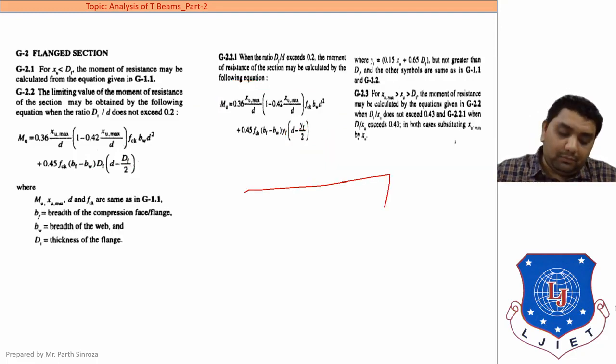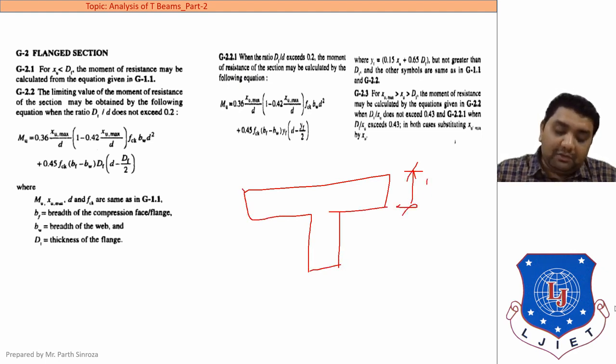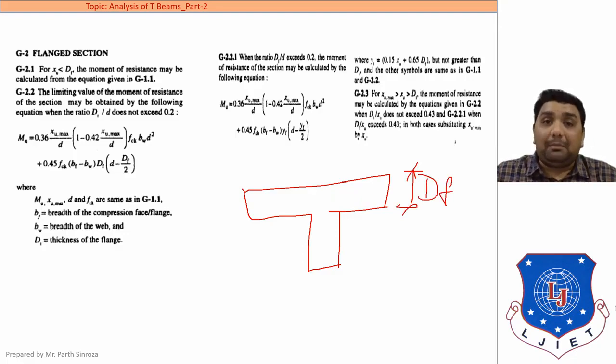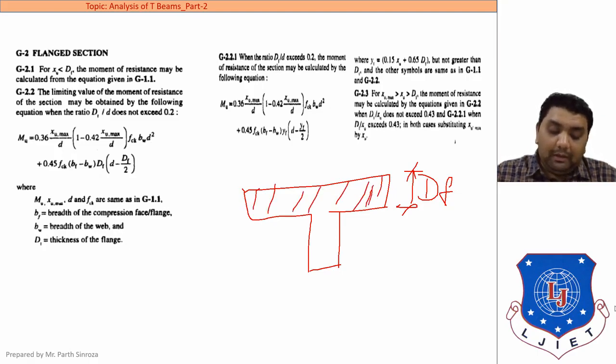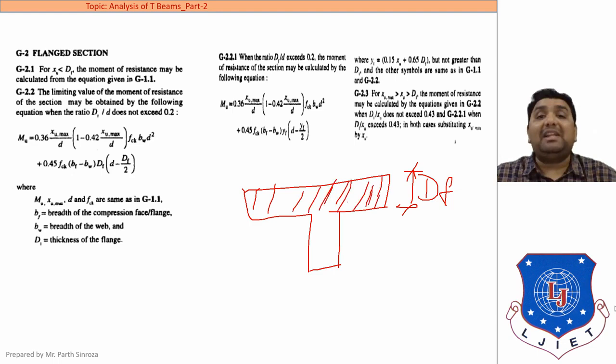For example, if this is a T-beam, this whole section will be our DF, but as it is a component of the slab, for certain cases the whole slab portion won't be acting as a compression member.